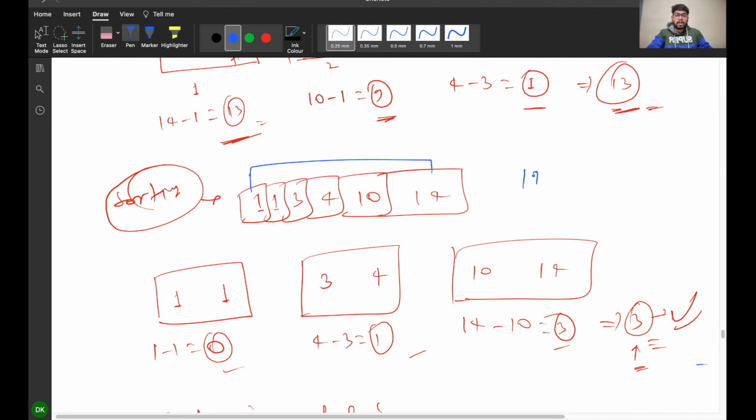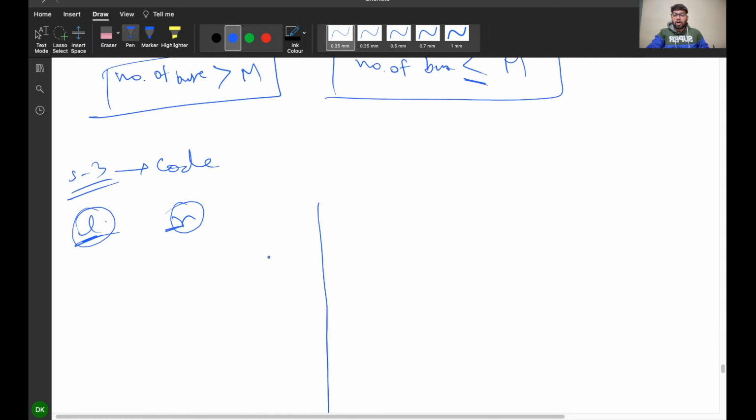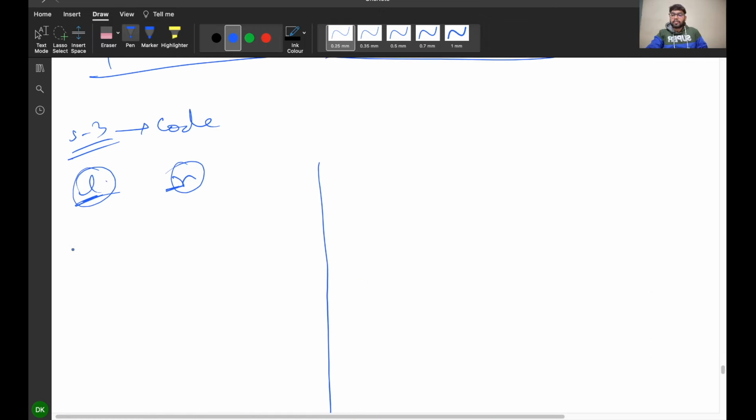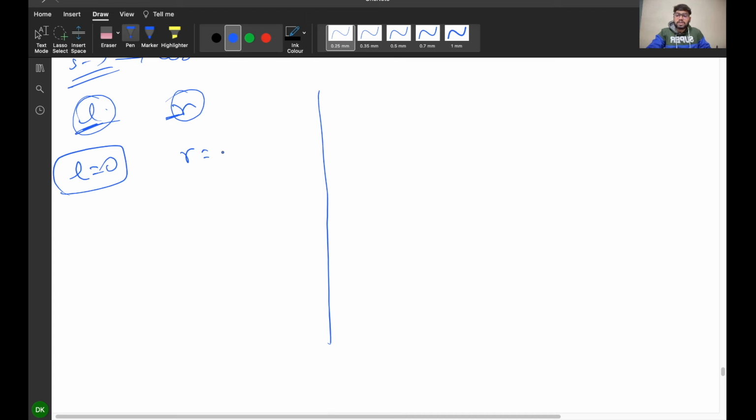That is maximum minus minimum, that is 13. For L let's say L is equal to 0 for the safer case, and R would be ARR[n-1] minus ARR[0], and to make it a range I just increment R by 1.